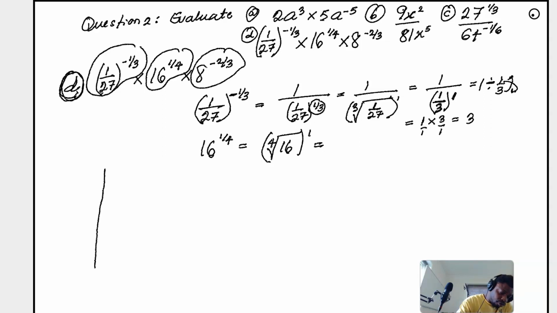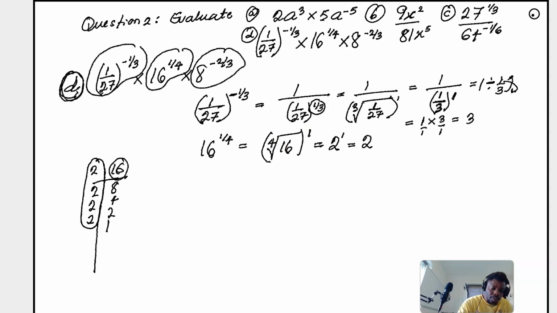I want to get the 4th root of 16, so I'll put 16 in. What can go in 16? 2, that is 8. 2 here, that is 4. 2 here, that is 2. 2 here, that is 1. So 2 multiplying itself 4 times is 16. That means the 4th root of 16 is 2. So I have 1 here, raised to power 1, and 2 raised to power 1 is 2.